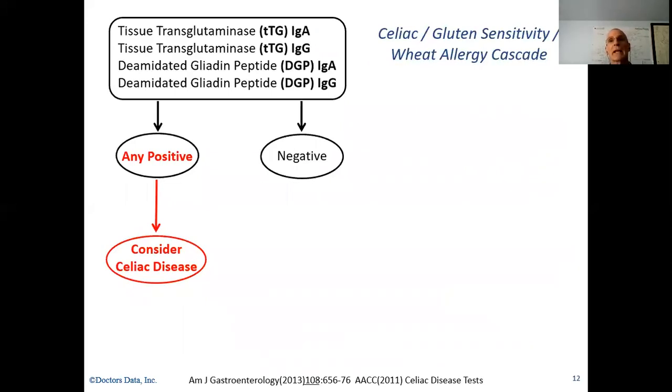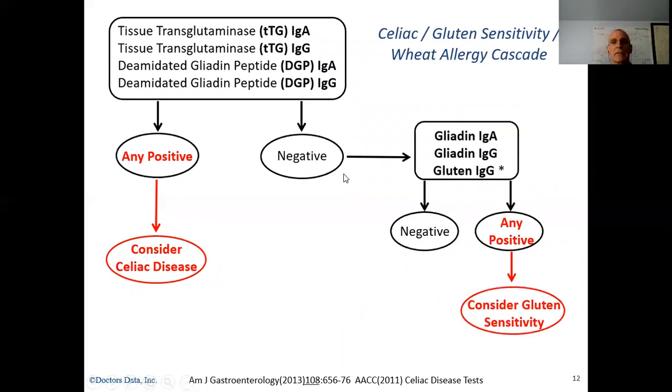So if we look at a cascade of the diagnosis of celiac gluten sensitivity or non-celiac gluten sensitivity and wheat allergy as dictated by the American College of Gastroenterology, we can see that when we have IgA, IgG elevations against the tissue transglutaminase or the DGP, any of those being positive, we should consider celiac disease.